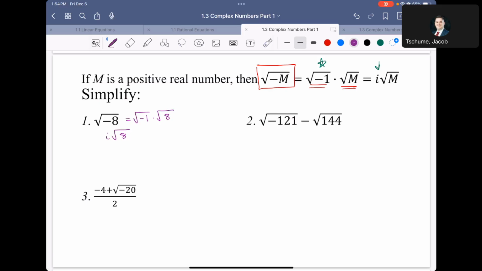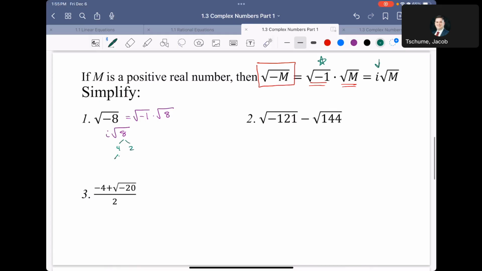Now, what you have to remember from a previous class is how to break down square roots. With square roots, we typically break those down with factor trees. So we know that 8 is the same thing as 4 times 2, and we know that 4 is the same thing as 2 times 2. So all in all, 8 can be broken down into 2 times 2 times 2. Now with square roots, what you're trying to identify is a pair of numbers.